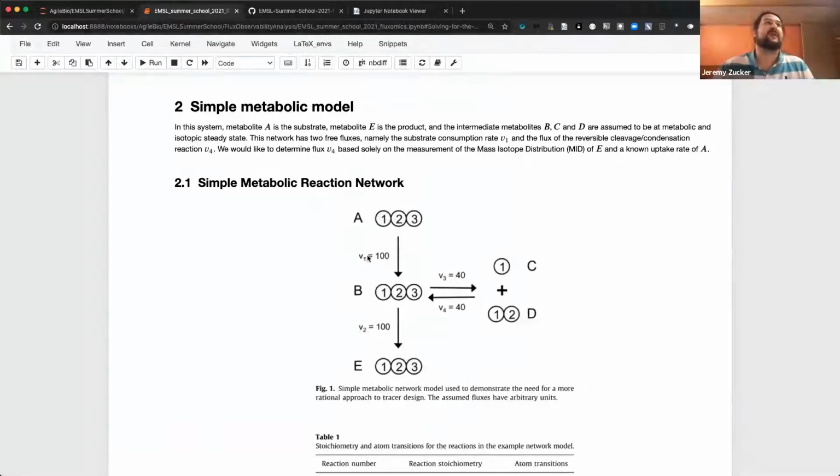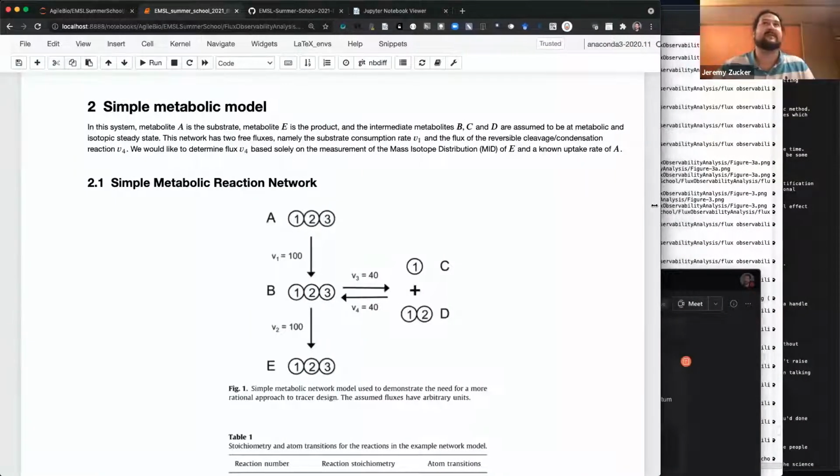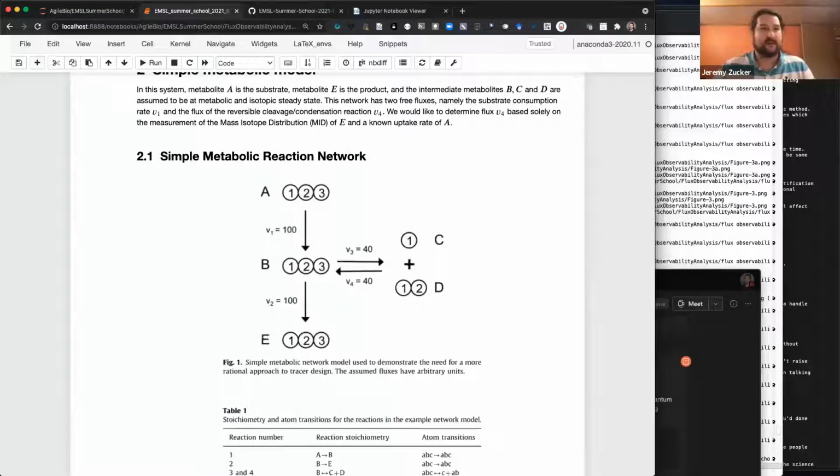So these fluxes right here, V1 equals 100, V2 equals 100, V3 equals 40, and V4 equals 40. I'm going to go ahead and keep that around just so you guys can keep referring to it even as I'm going through this notebook. So let me go ahead and do that really quickly.